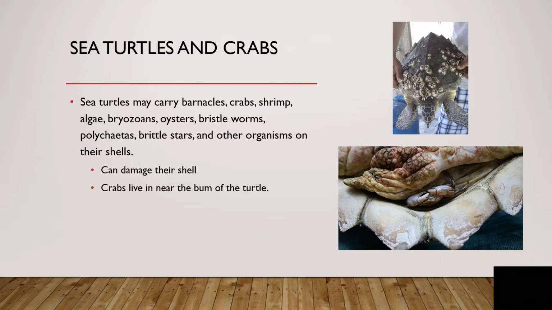It eats away some of the algae and other little critters, and clears away the barnacles in order to keep the turtle healthy. And they usually live near the turtle's bum, where I guess the turtle's waste is another source of food for the little crabs.